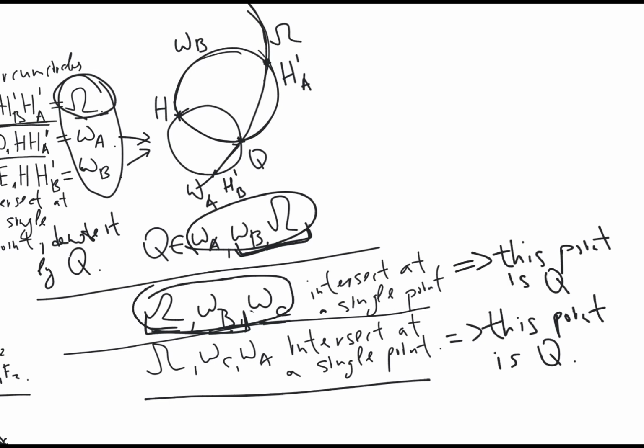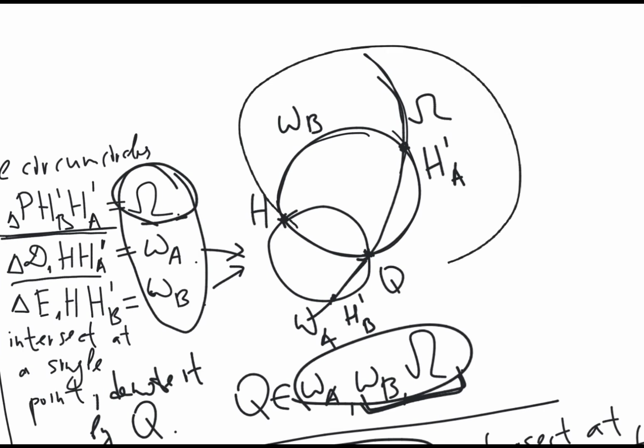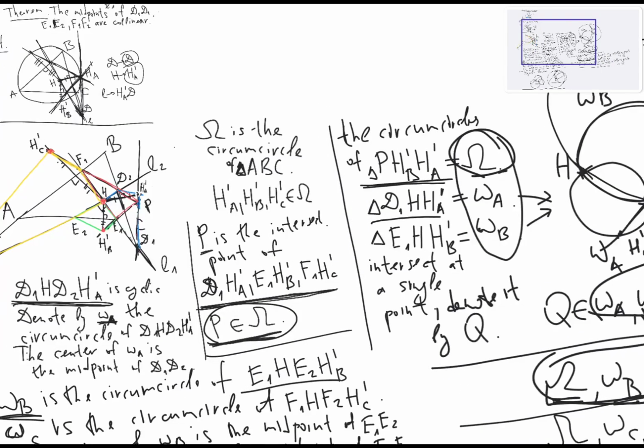So basically the picture that we must draw is that there is the third circle omega C. It looks something like this. It also passes through H because all of them pass through H, right?